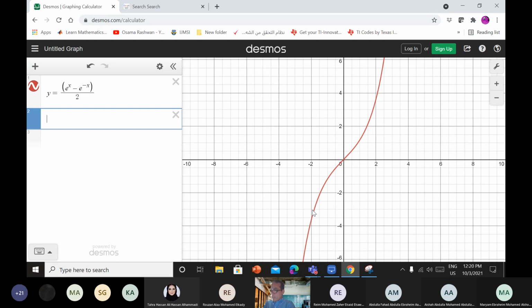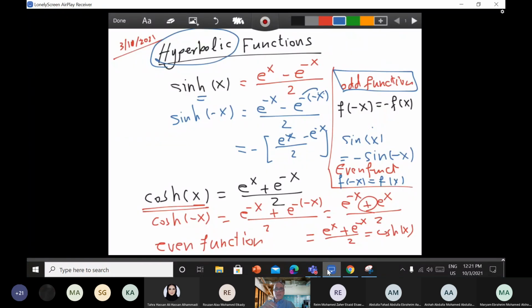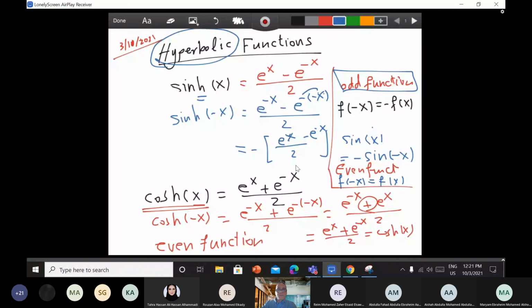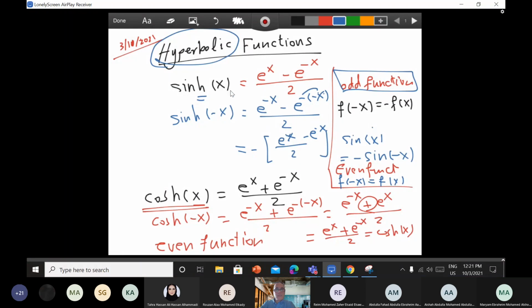So cosh is an even function similar to cosine, the even function. When you replace x by minus x, you will have the same function. Okay, so sinh x is e to the x minus e to the minus x over 2.